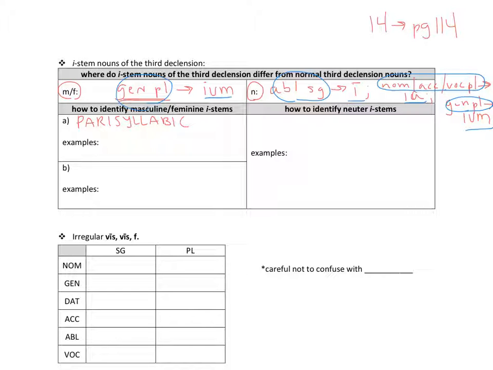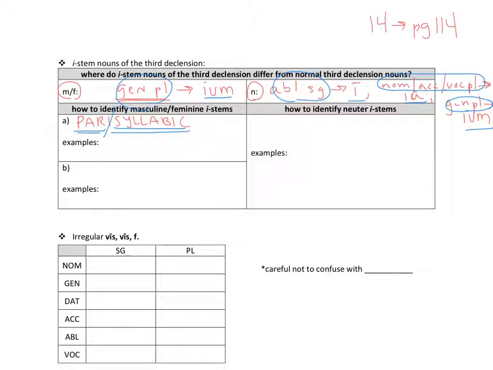And what this means, if you break it up etymologically, and this is from Greek words, is that the para right here means equal, and syllabic, as I bet you guys can guess, is syllable. So these are words that have equal syllables. So for example, look at page 115.